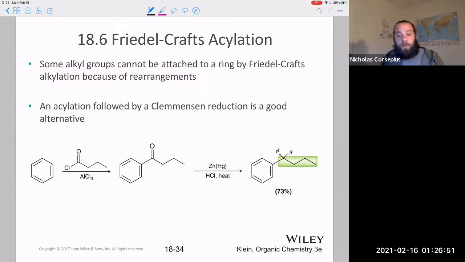And that's how we can create in fairly good yields these, it's not really primary anymore, but what we couldn't do with a primary alkyl halide, right? If we had tried to form this using the Friedel-Crafts alkylation method, our dominant product would have some sort of a rearrangement or a hydride shift. So this is another way that we can get around that by using an acylation followed by a reduction. I guess it's called a Clemmensen reduction.